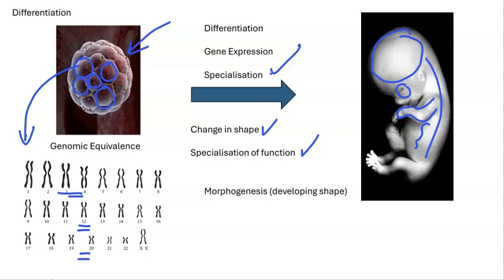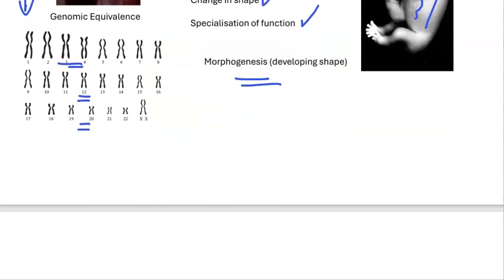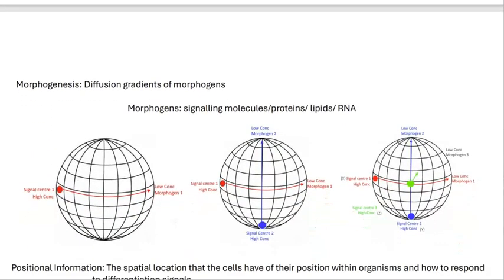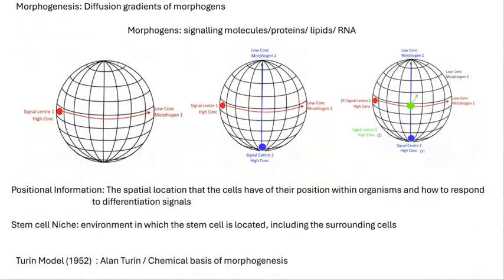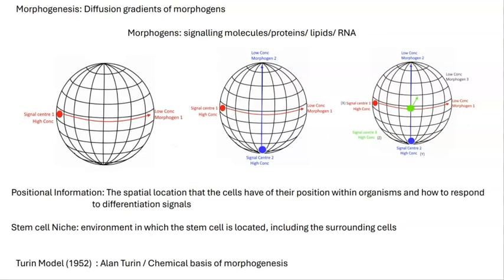The clues to this come from a process called morphogenesis, the developing shape of an organism. Although this has become one of the biggest research areas in the 21st century for biology, the initial ideas for morphogenesis can be found in the work of Alan Turing, who published what is called the chemical basis of morphogenesis, a mathematical paper published in 1952.